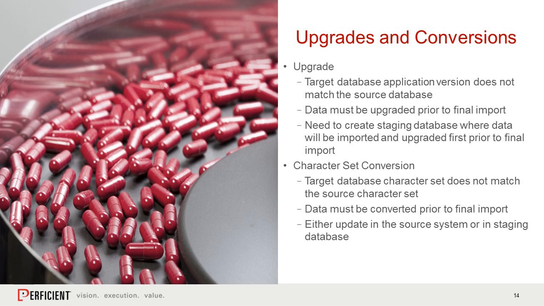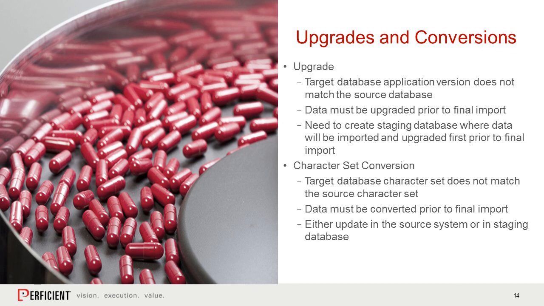Upgrades and conversions. So if as part of your migration project you also want to move to a higher version of this application, you need to make sure that the data gets upgraded to the version of the target. How do you do this? Our process, we normally create a staging database and import the data into there like normal, and then upgrade that database.